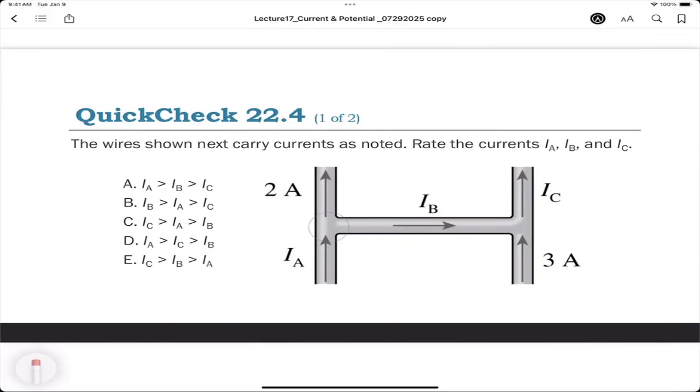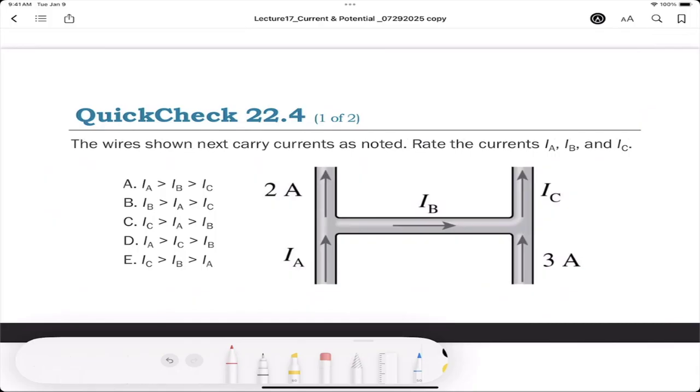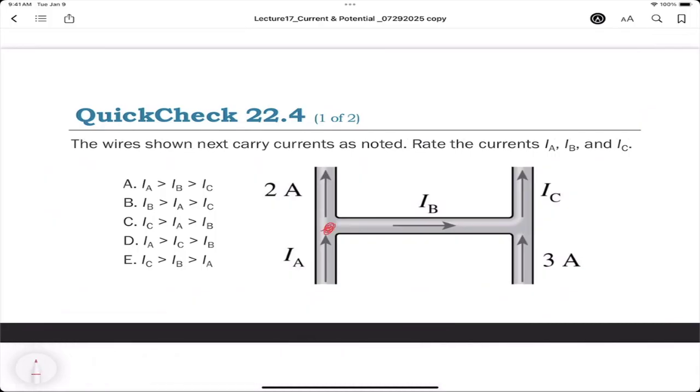Here there are two junctions. The first junction is here. In this junction, the input equals the output. So IA should equal 3A plus IB, which means IA must be greater than IB. That makes sense to you? For this other junction, the input should equal the output. The input is IB plus 3A, equal to what? IC.